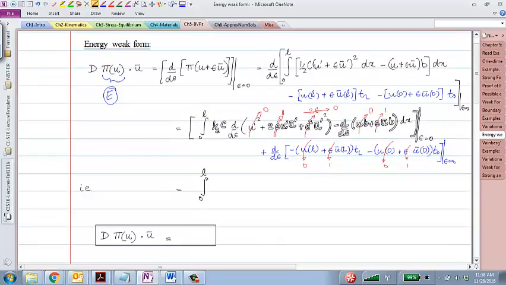Integral from 0 to L of, half and 2 would cancel off, so I would not need that.